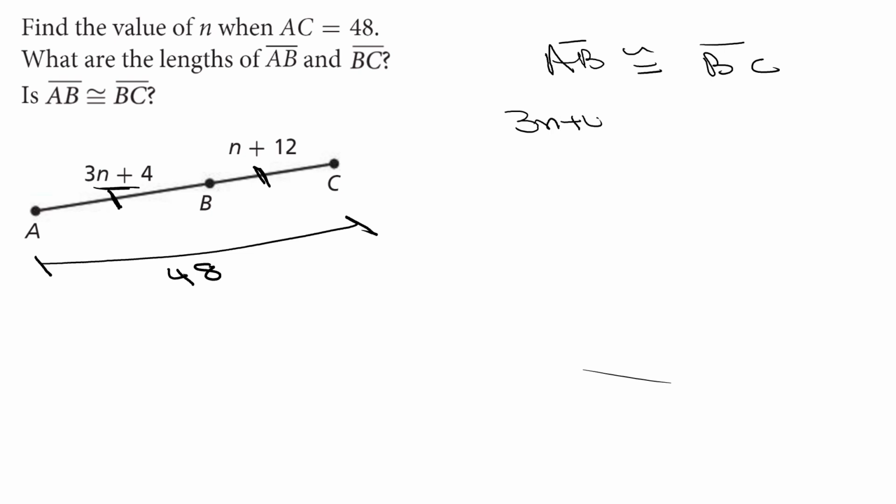So I am just writing the value and then an equal sign. And what is the value of BC? That is n plus 2. Now I have to solve for n. How can I solve for n? Let's bring all variables to the left-hand side and all the numbers to the right-hand side.